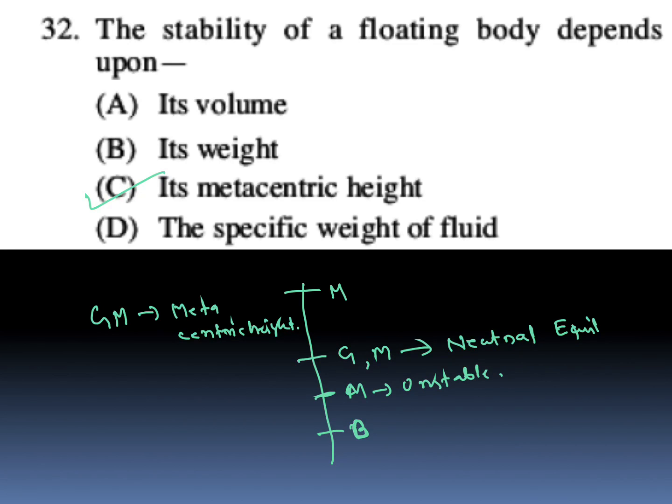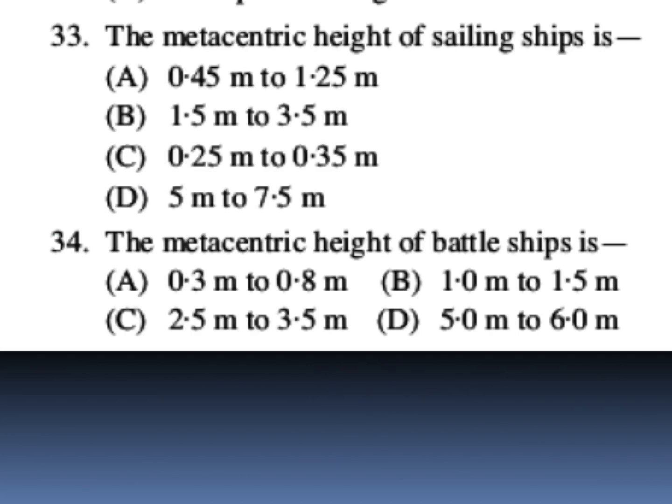Next two questions: metacentric height of a sailing ship and metacentric height of a battleship. Here for a ship, the time period is very important. Time period T is 2 pi root over K squared divided by g times GM. GM is your metacentric height. So from this equation, time period T is inversely proportional to root of GM.